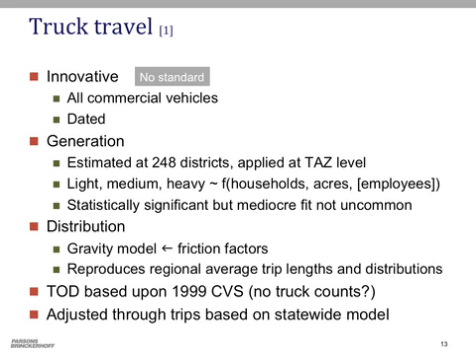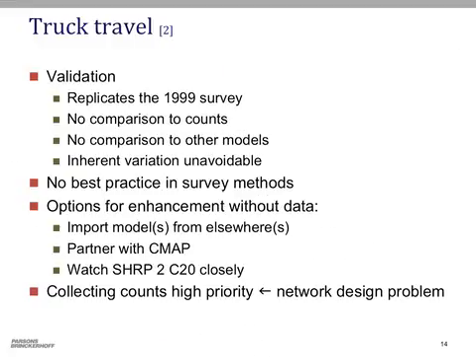And as with the person external trip model, they take the through trips from the statewide model, which again I think is a great strategy. So for the truck model, as well as maybe for the external trip model, validation is mainly an exercise in replicating the survey from which the thing was done.